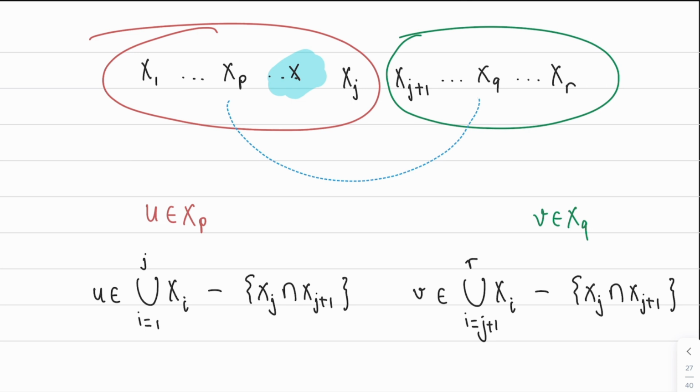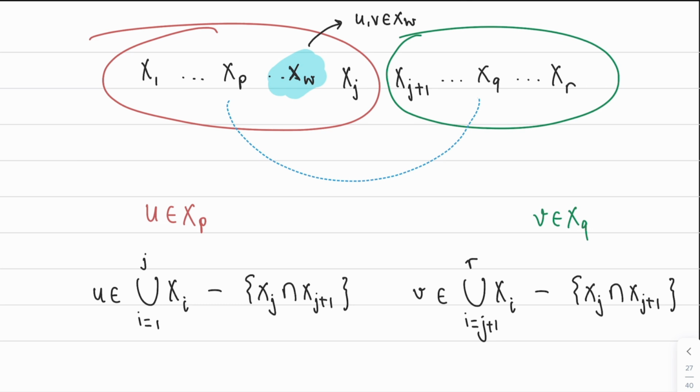Okay, so we have some other bag here. Let's say that's X_w. Okay, and this bag contains both u and v. But now let's apply property C to the vertex v.